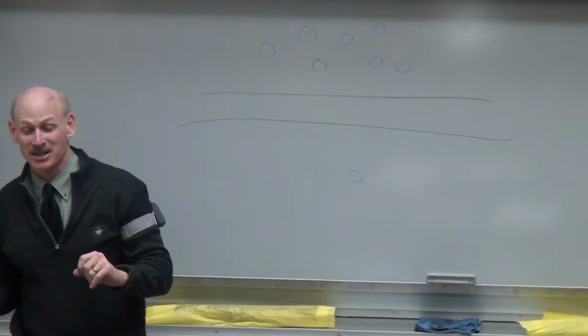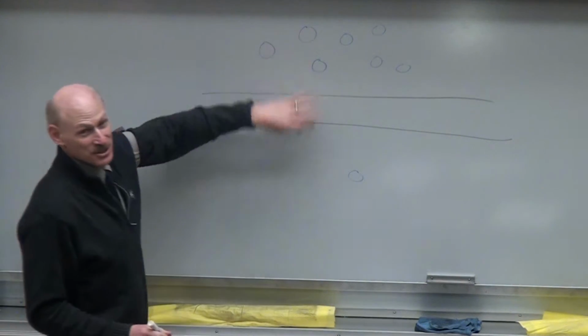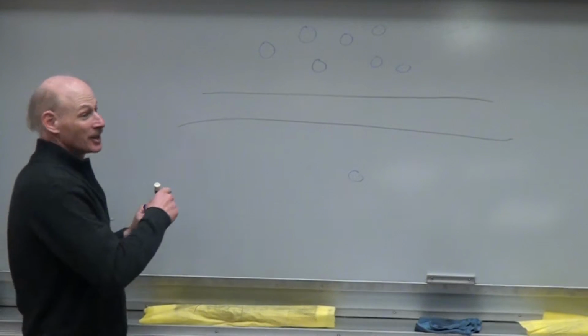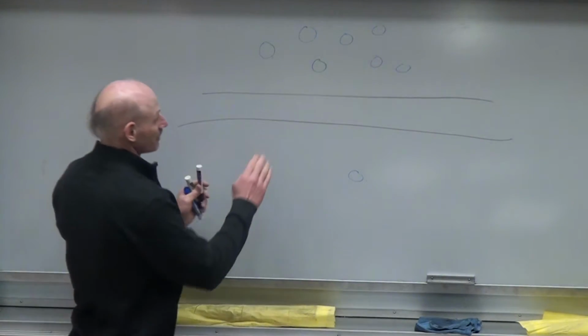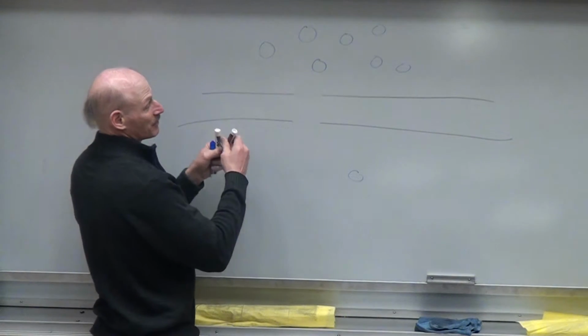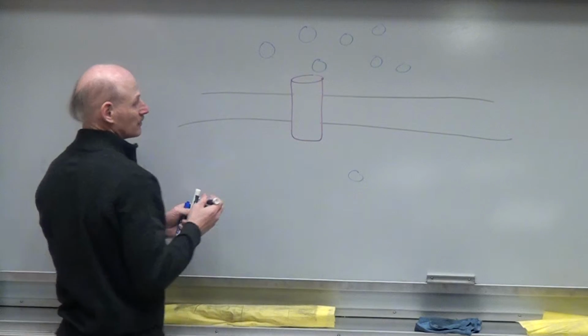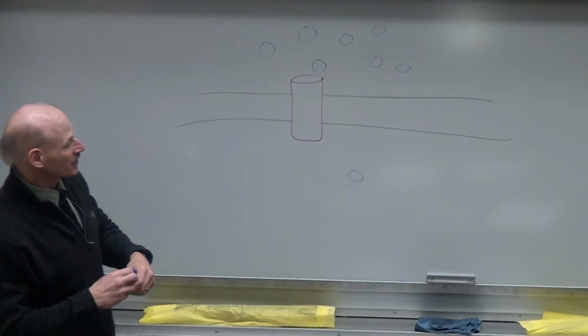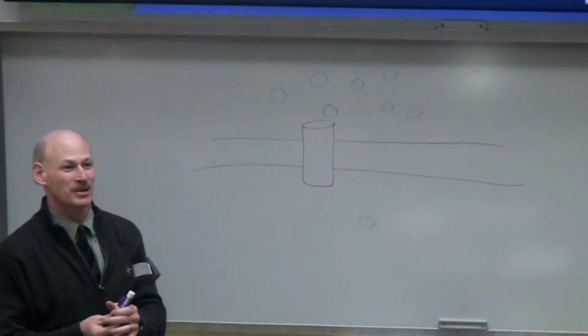When the cell wants to tap into that potential energy stored up in the concentration gradient across the membrane, the most common way is like this. There are proteins in a cell membrane called transport proteins, or channels, which essentially make a tube through the membrane, just like a spillway going through the dam.